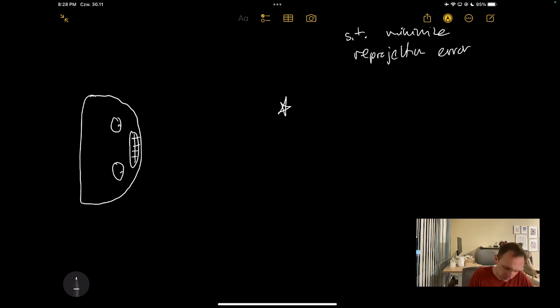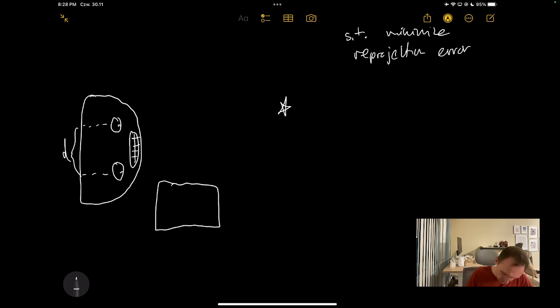We are the constructors of the robot, or maybe we just have access to the robot, so we can measure the distance between the eyes. We just know what the distance is. Let's call it D. That's the distance between the eyes.